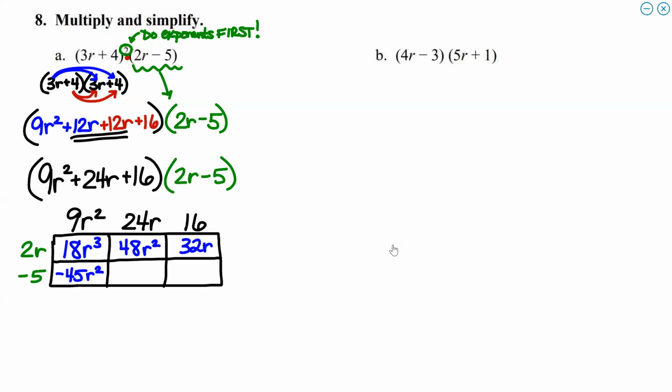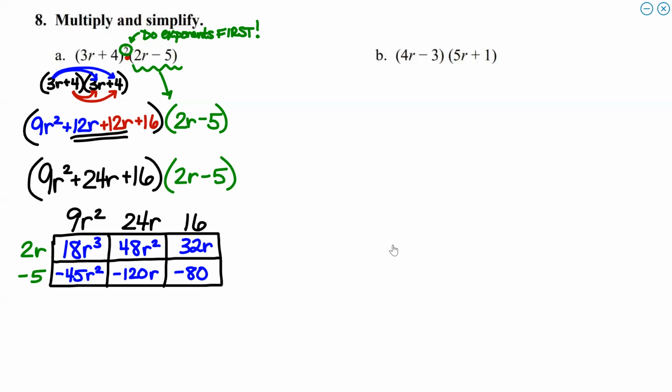You might need to grab your calculators. -120r. And then the very last one, -5 times 16. -80.